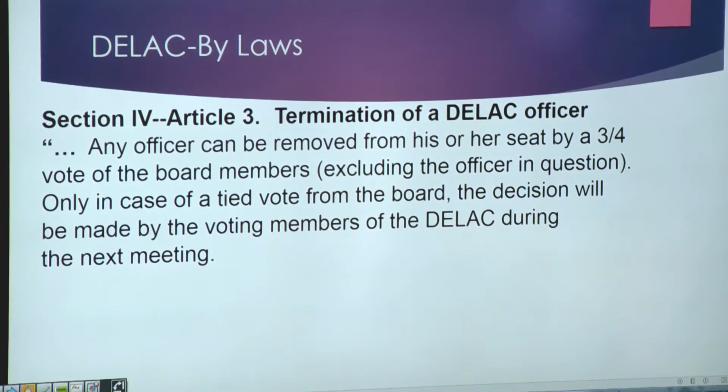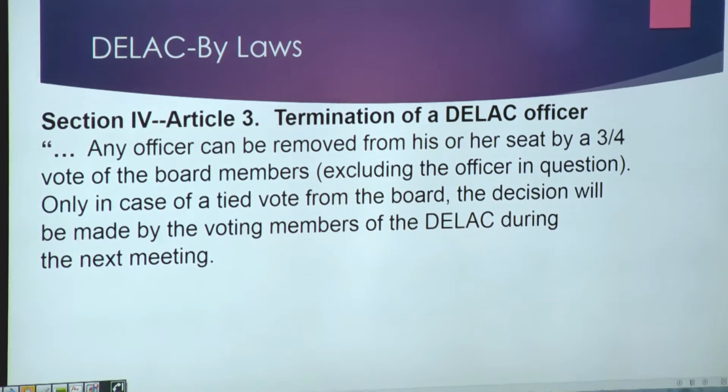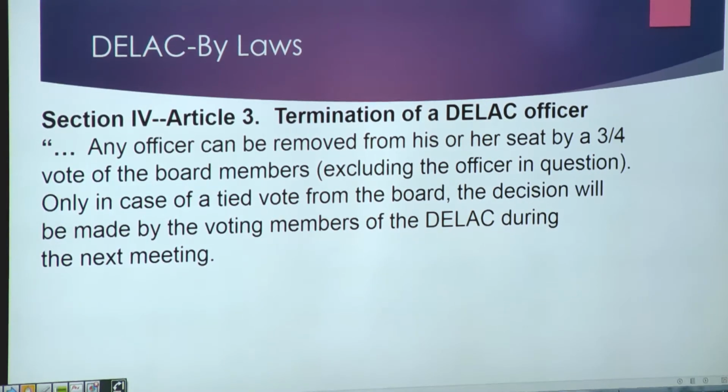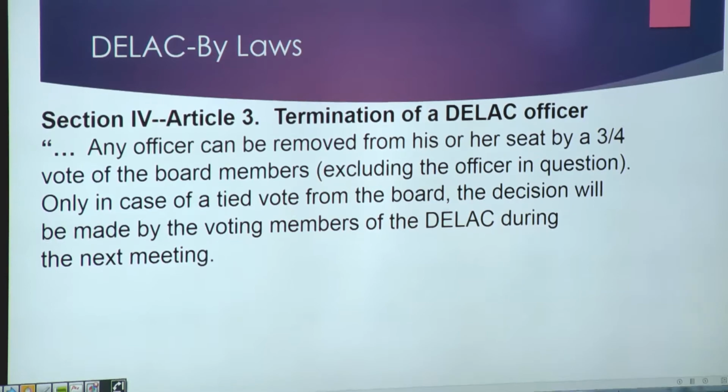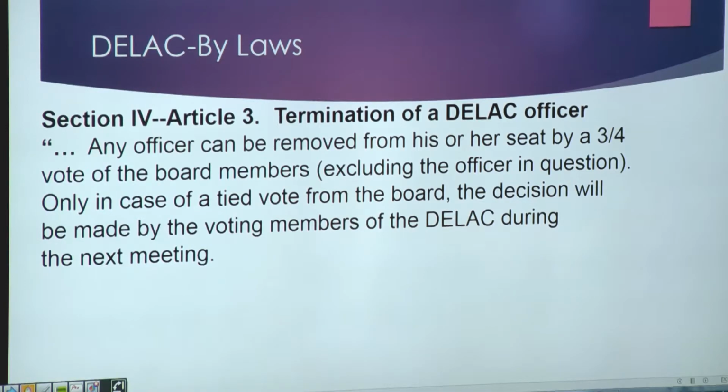Only in cases of a tie from the board, the decision will be made by the voting members of DLAC during the meeting. What this means is if you have been reprimanded, and it's the third meeting, you can be asked not to attend, and without you being present, they can vote you out. It can become a motion: do we allow this person to stay in this committee? She's being too disruptive. And with a three-fourths vote, the person can be removed from the group permanently.